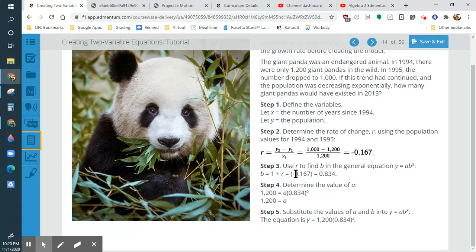Now you have to add it to 1, and if you just did new over old, you got this number right off the bat. So I think that's a little easier than doing this. Always do it as new over old. So y2 is our new number, y1 was our original number. And then in order to find your starting point, you just have the 0 value, and that'll give you your starting point.